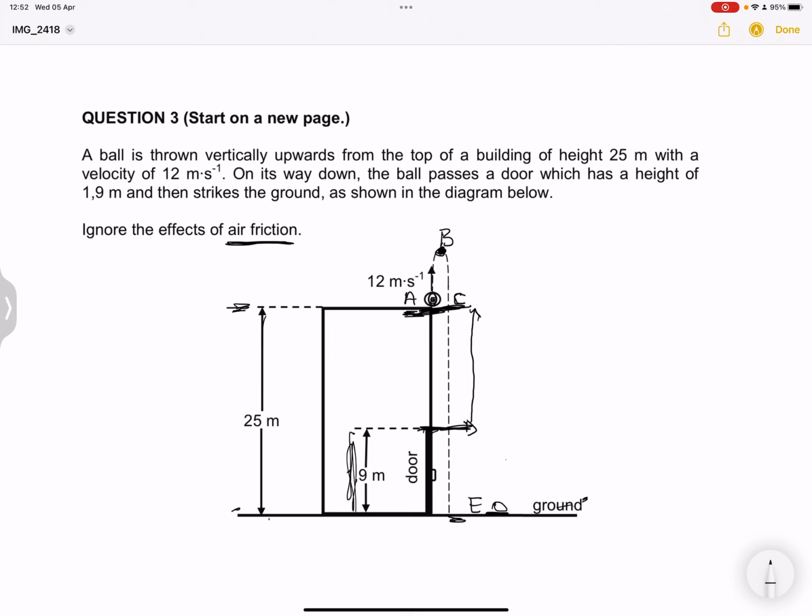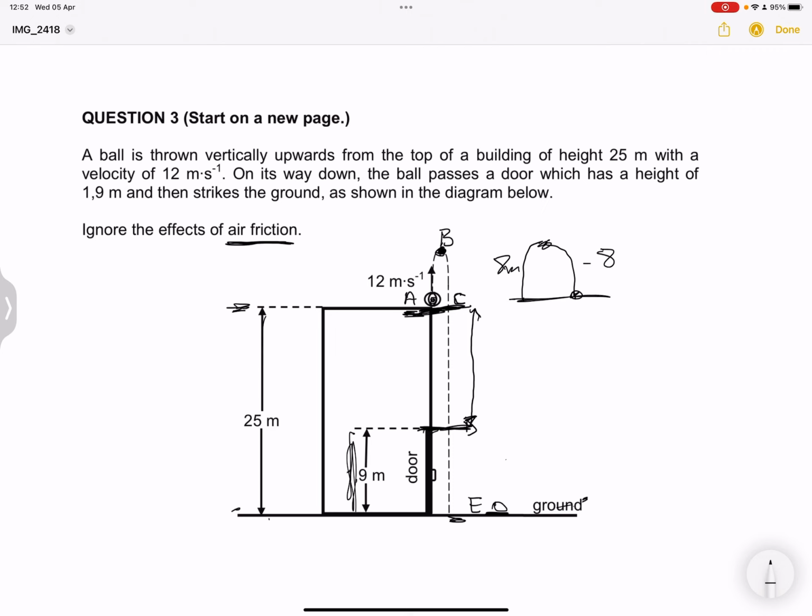Now, some of you might say to me, oh, but what about the position when it went upwards? Remember that when it went up, regardless of what the displacement was, let's just for argument's sake say it went 8 meters upwards, it would come back again to the same position, which would be negative 8.